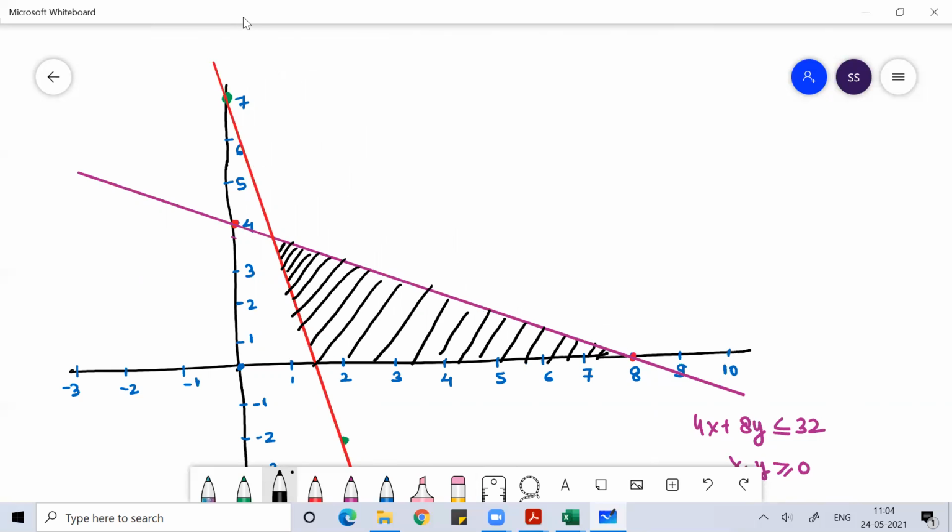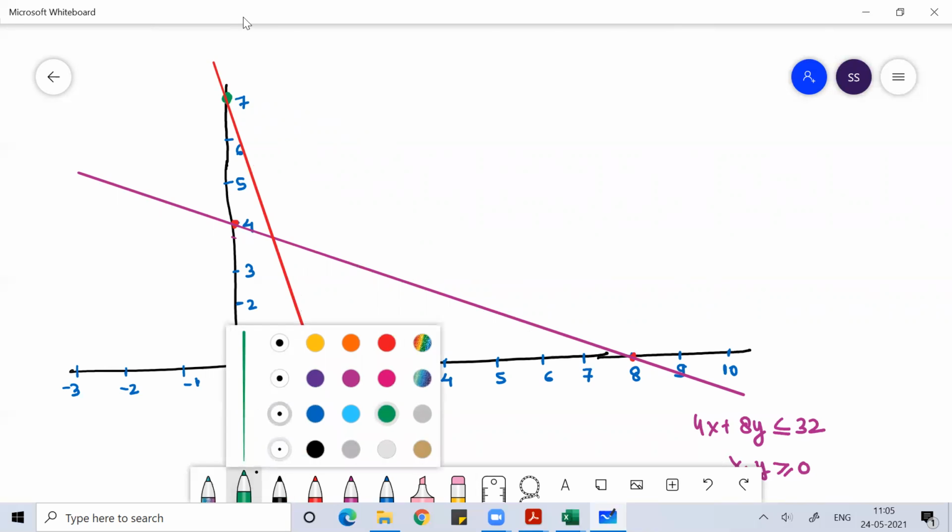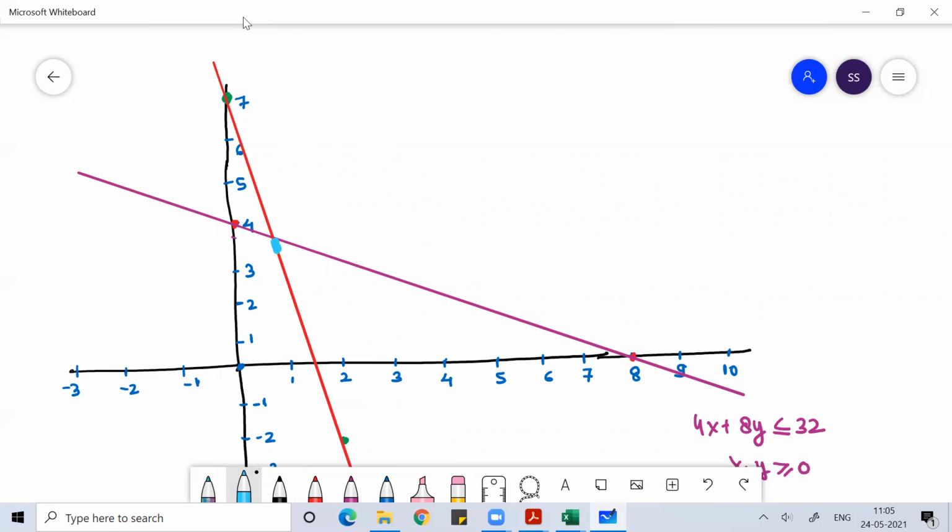So if you consider both the equations simultaneously, then the area which is your feasible solution is this area.